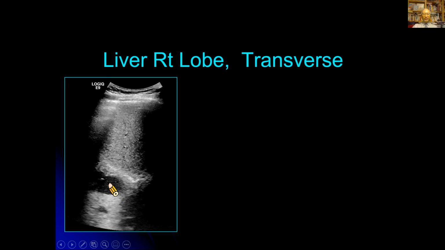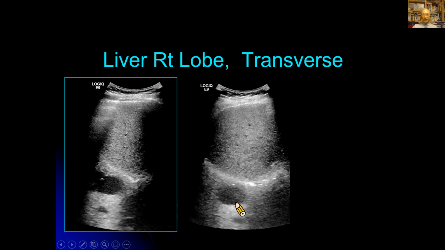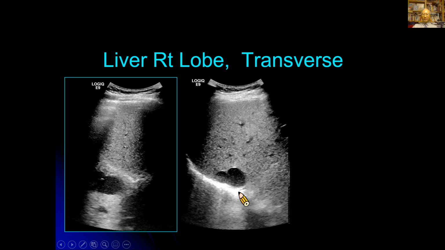Here I can see something above the liver and above the diaphragm, just like a cystic structure. Should it be real? I do it again, I can see this, but sometimes I cannot see. So here you can see the real structure inside the liver.